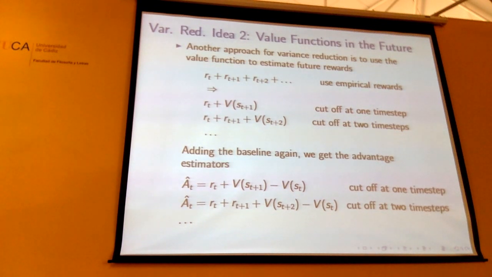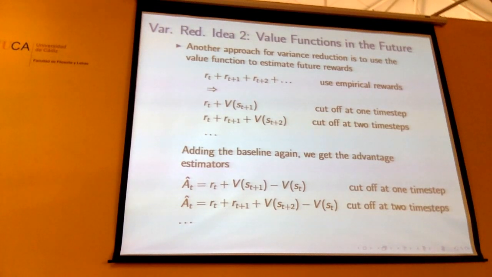So you can see why these would have much lower variance than our estimator that just looks at the whole empirical reward, because this only has one random variable in it. Well, it has two because the state is random and the reward is random, but the amount of randomness doesn't scale with the total number of time steps. It's basically O of 1.